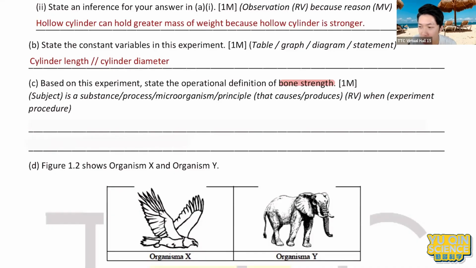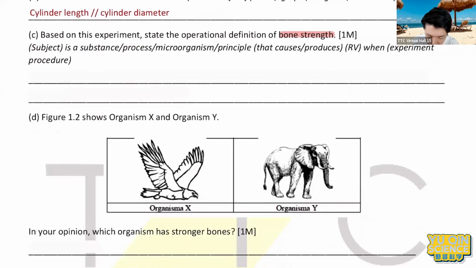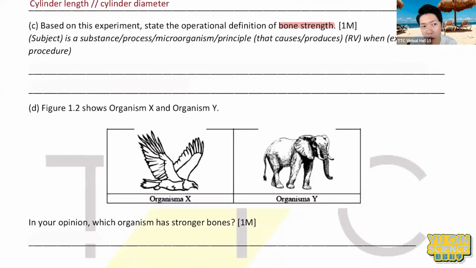Hang more weights or hang lesser weights. You want to be specific, okay? Bone strength of hollow bone is stronger when it's, Danesh, that's too general. But good try. Today is a day we want to clarify every single thing. So ready for that, everybody?